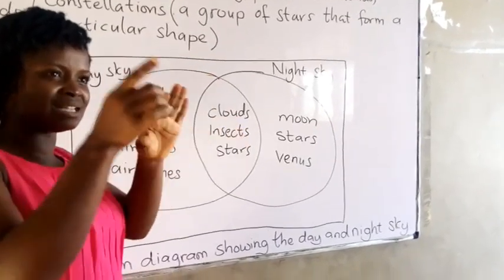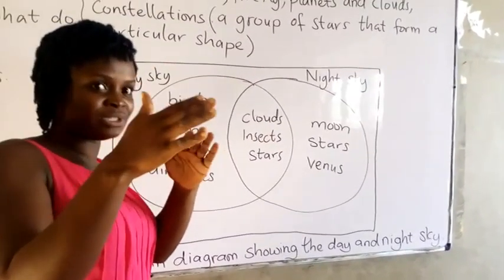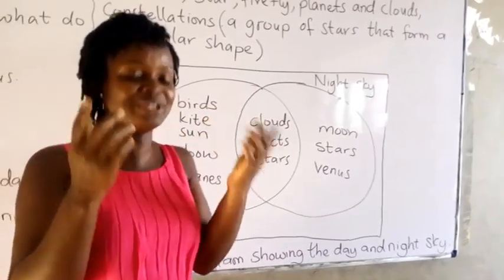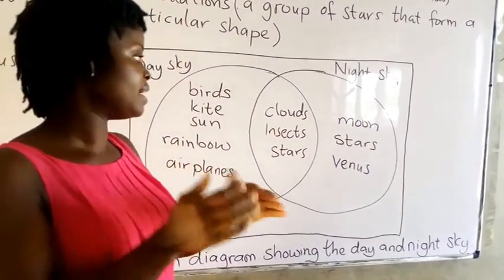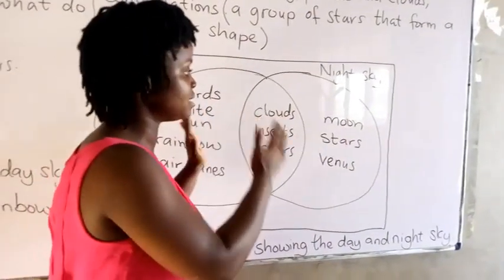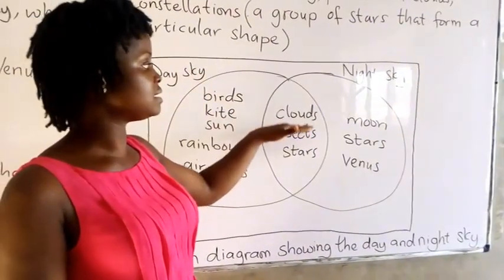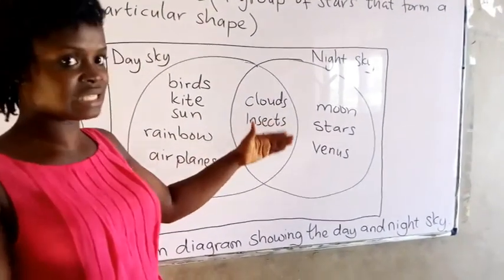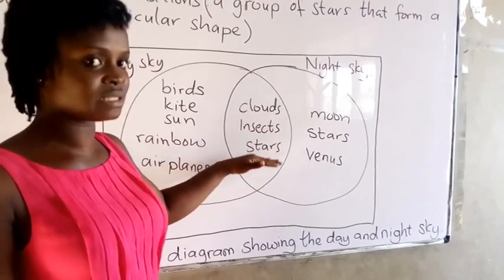The moon is somewhere, but you can see some crescent shaped object somewhere closer. But unless you know much, you won't be able to see it clearly. In between these two, you can see that day and night we see clouds, day and night we see insects, and day and night we see stars.